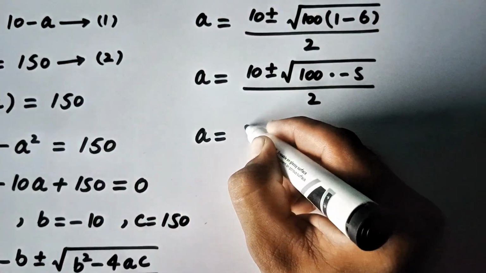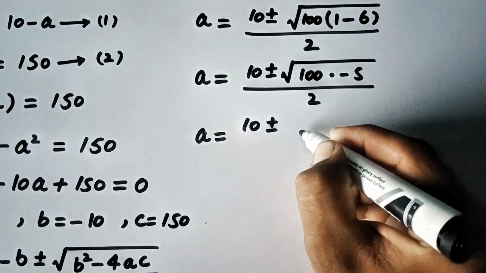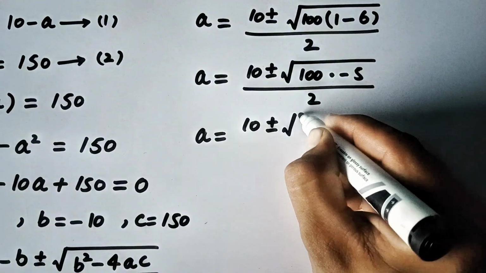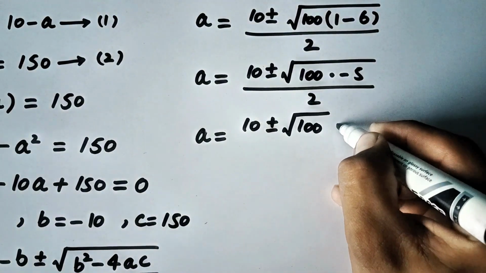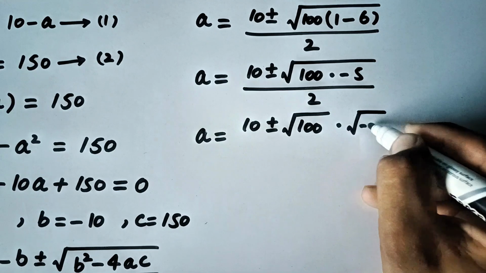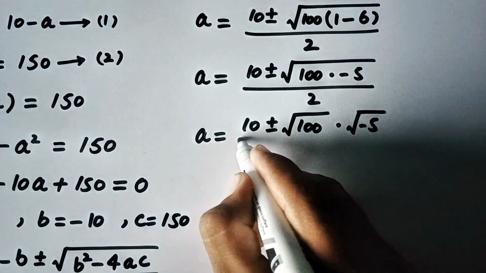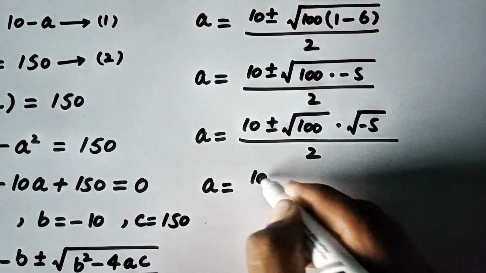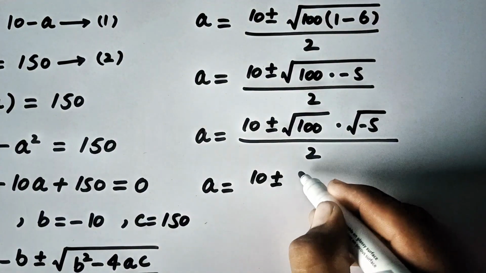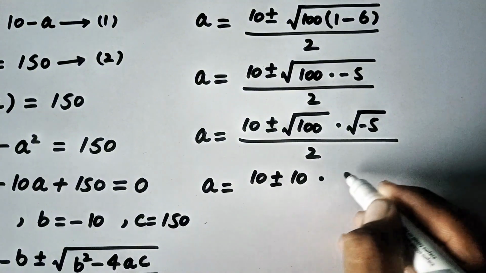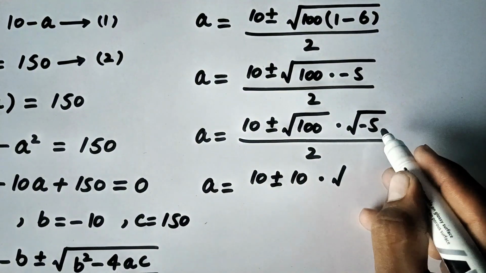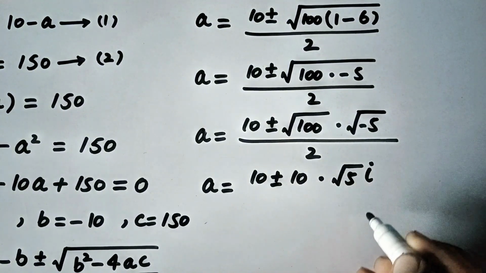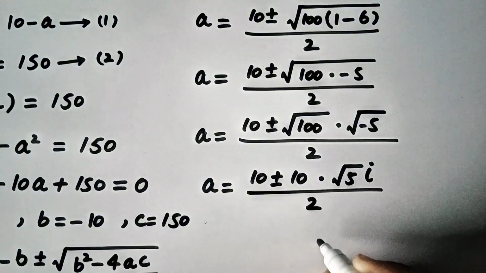Now a will be equal to 10 plus or minus, writing both values with separate roots in this way, root of 100 times root of negative 5, divided by 2. Then here a is equal to 10 plus or minus root of 100, which is 10, times root of negative 5, which can be written as root of 5 times i, divided by 2.